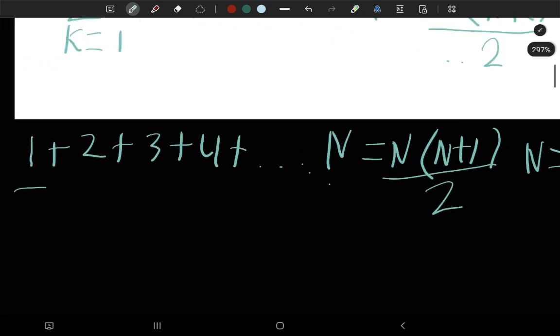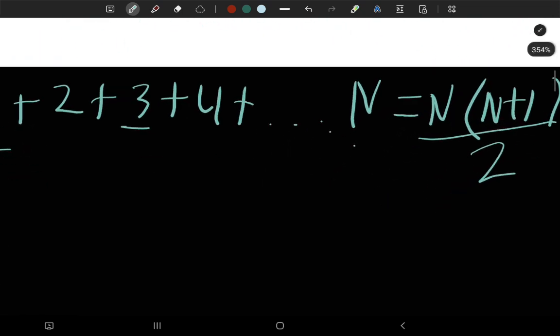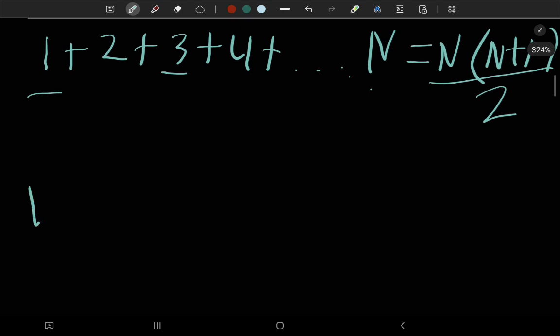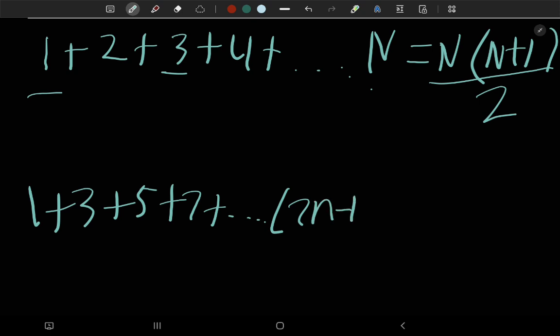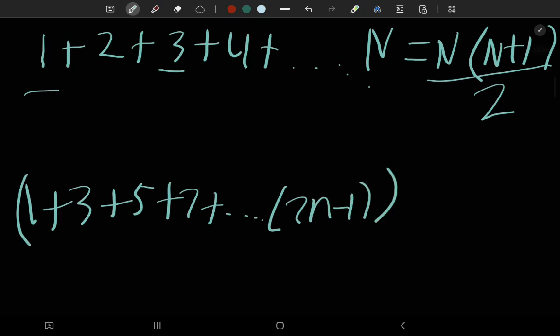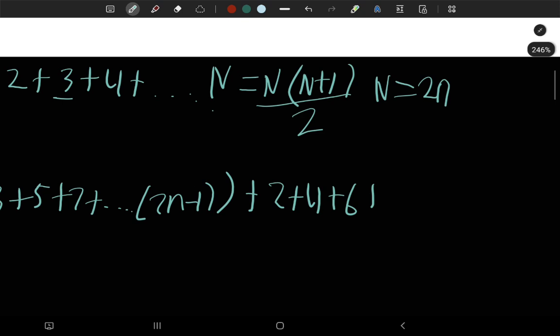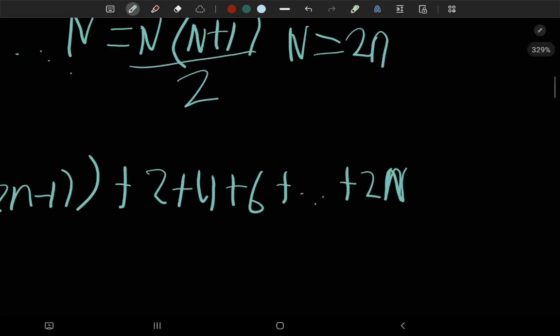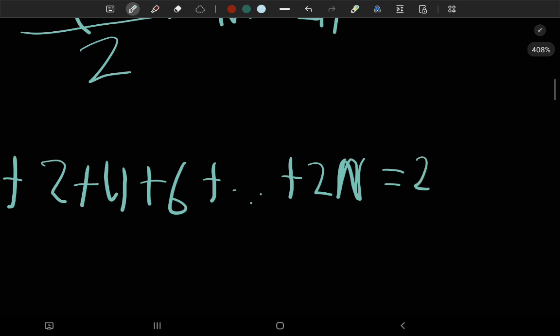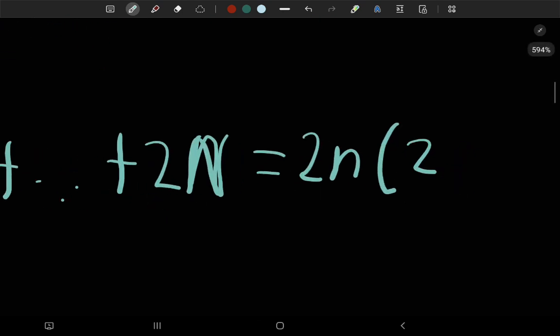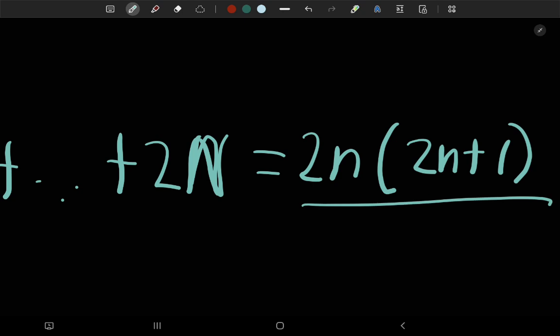So first, let's observe that we can split this up into 1 plus 3 plus 5 plus 7 and so on to the 2n minus 1, and then we add the remaining 2 plus 4 plus 6 and so on to the 2n. This is equal to 2n times 2n plus 1 divided by 2.